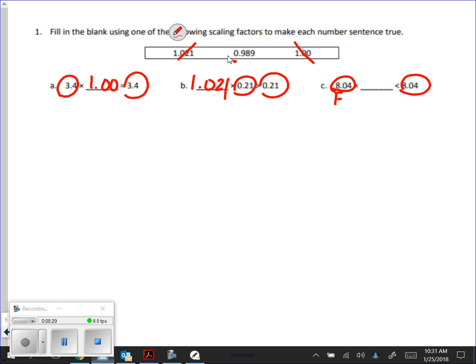So no matter what you do, when you multiply it, your number's getting smaller. You with me so far? Yes. Just like multiplying a fraction.